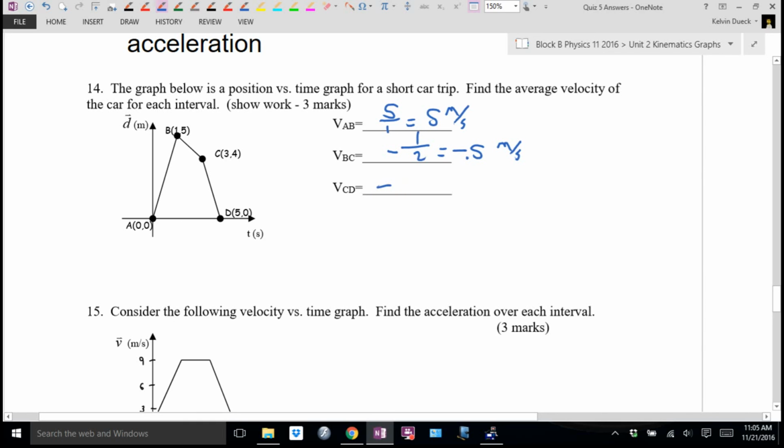CD, negative. The rise is 4, because it starts 4 high and ends up 0 high. The run is 2. You get negative 2 meters per second. 1 mark for each of those: 5 meters per second, negative 0.5 meters per second, negative 2 meters per second. If you didn't put units next to your answers, a half mark off. If you missed the negatives, half mark off.